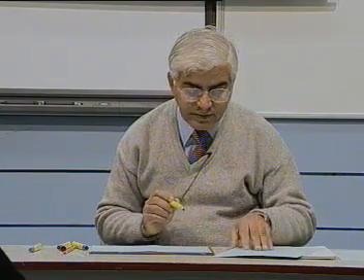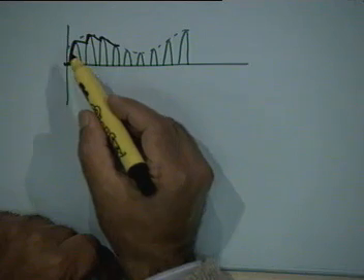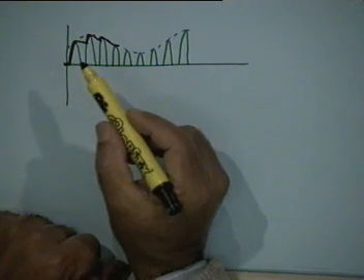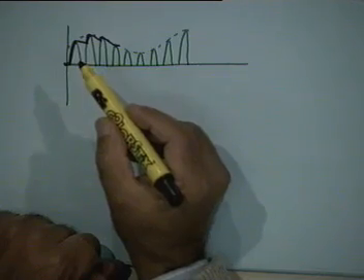So what we said was that the diode will conduct only in the positive half cycles of the carrier, right? Even there it does not always conduct, right?